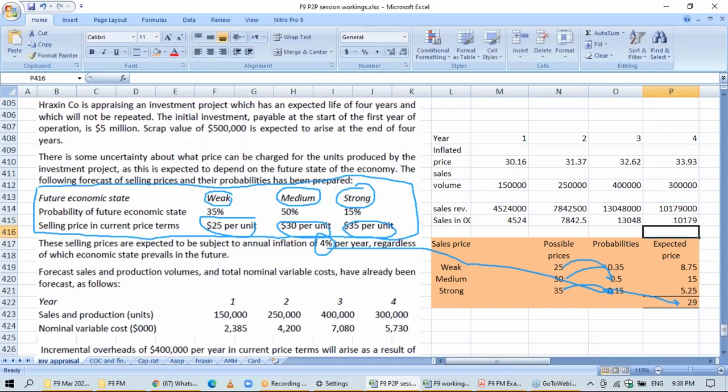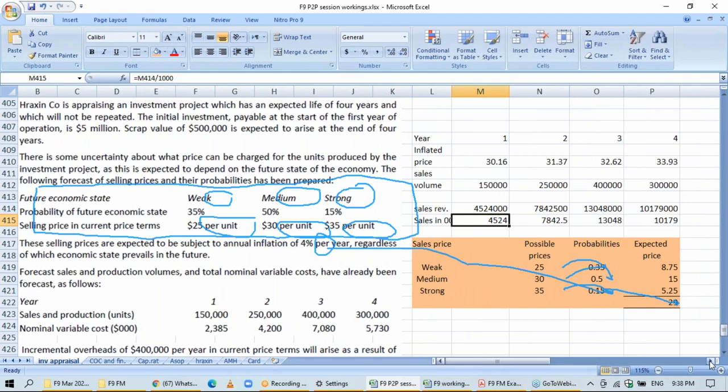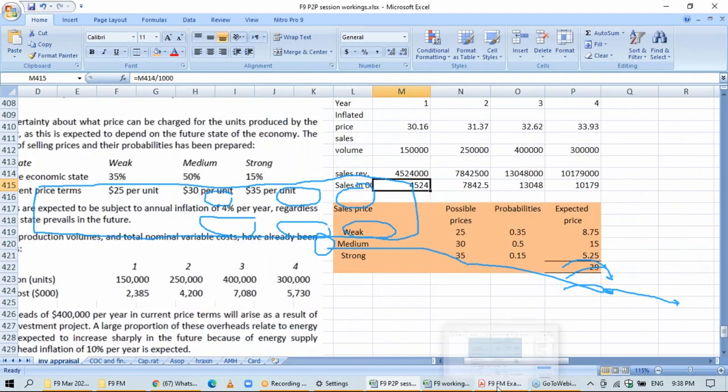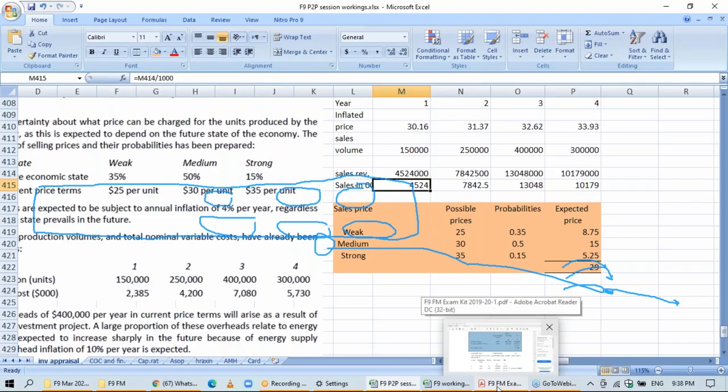So these will be the sales amounts. The rest of the working I'll be showing you, which I've already made. Let's move on to that working.